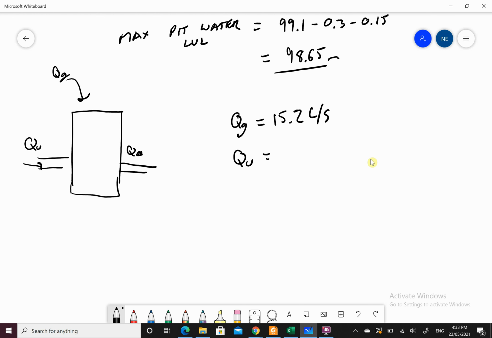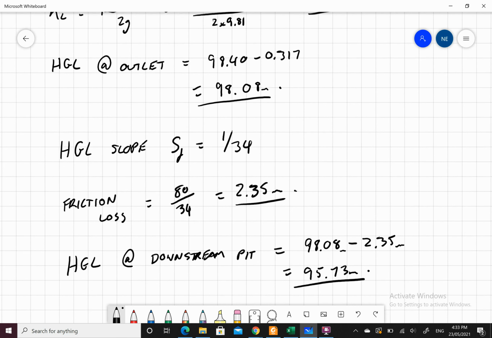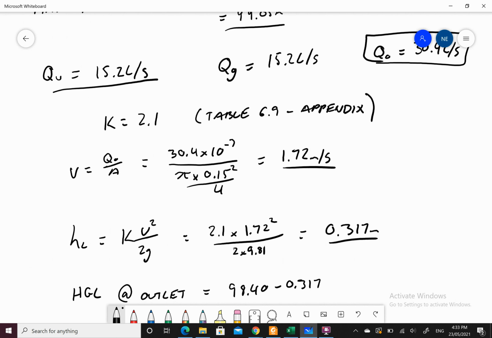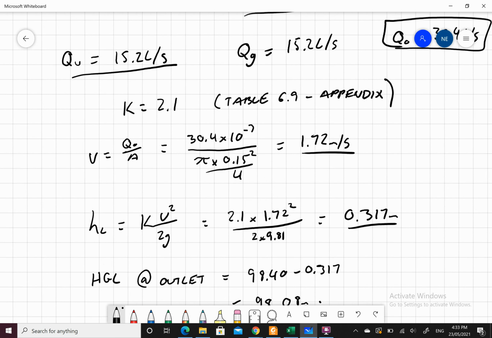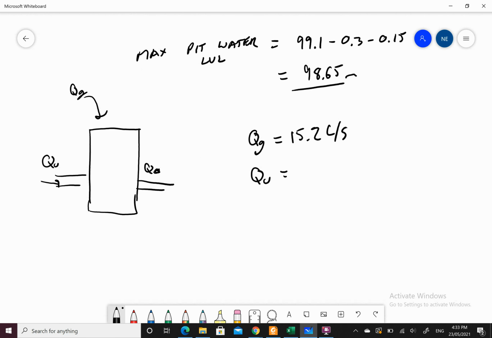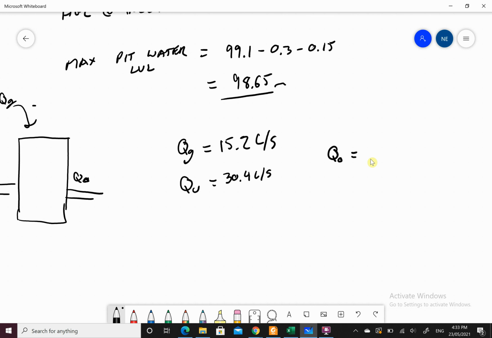QU is equal to QO from pit 2, which is my QO, this one here, 30.4. Alright, and then that means my QO is simply equal to QU plus QG. So add them together. QO is equal to 45.6 liters per second.